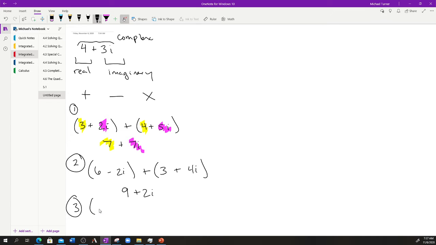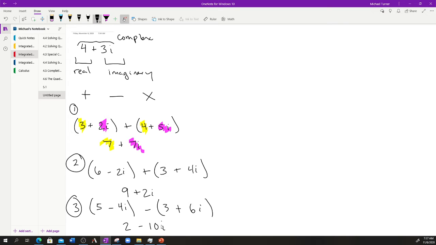Number 3, let's do 5 minus 4i minus 3 plus 6i. So want to be careful with our operations here and our signs. This is subtraction, so I'm doing 5 minus 3, and then negative 4i minus a 6i. So that would give me 2 minus 10i.